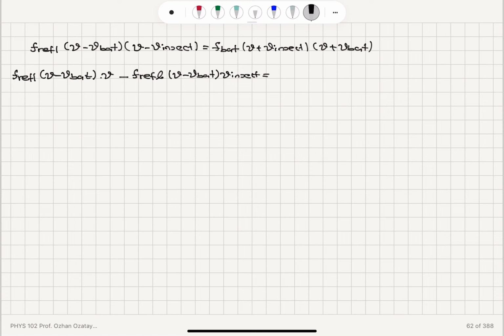This is equal to f bat (v plus v bat) times v, and then we have the second term, plus f bat (v plus v bat) times v insect.